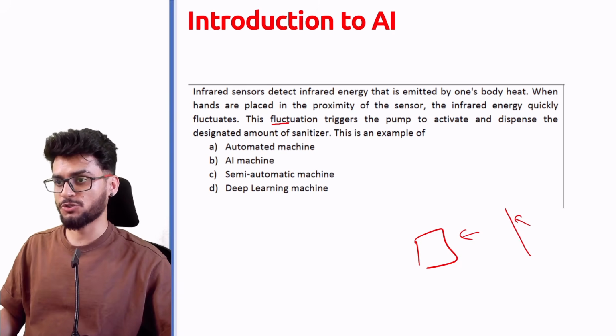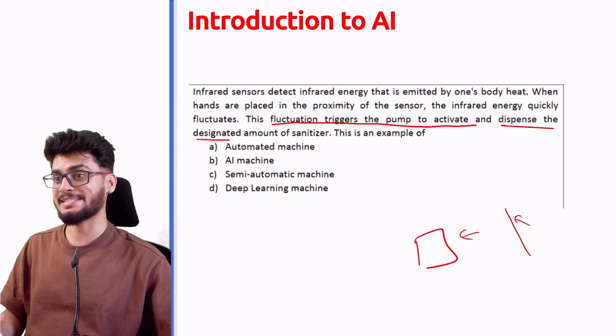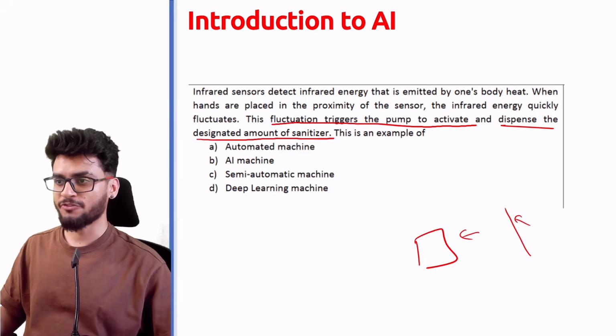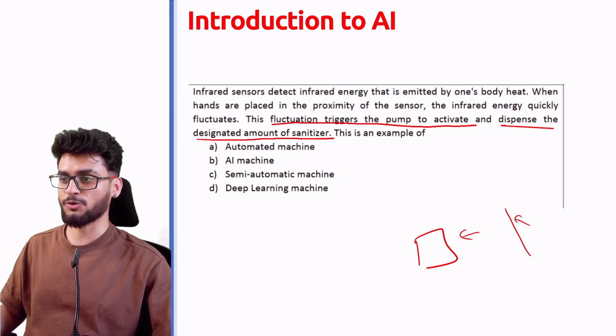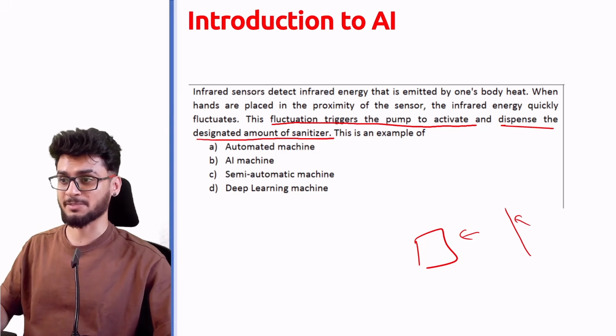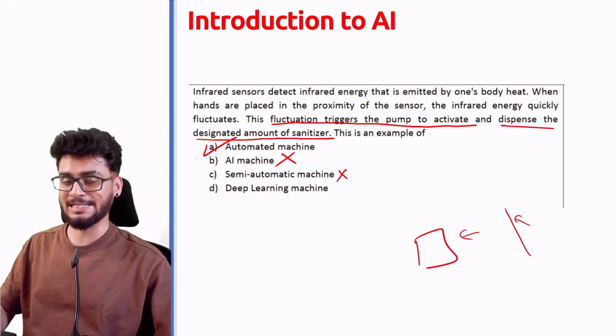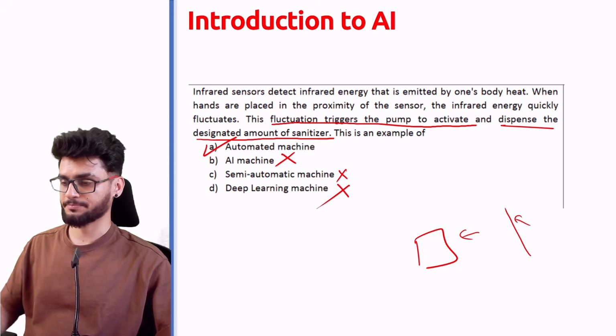So this fluctuation triggers the pump to activate and dispense the designated amount of sanitizer. If you have been to airports, if you've been to hospitals, there are automatic sanitizer dispensers. They work on this principle. So this is an example of automated machine. Yes, automated है ये. AI machine, no. Semi-automatic, no, because you don't have to intervene physically. आपको बटन प्रेस नहीं करना है उसके लिए. Also not deep learning.